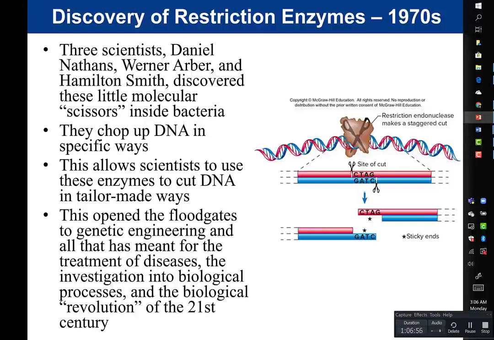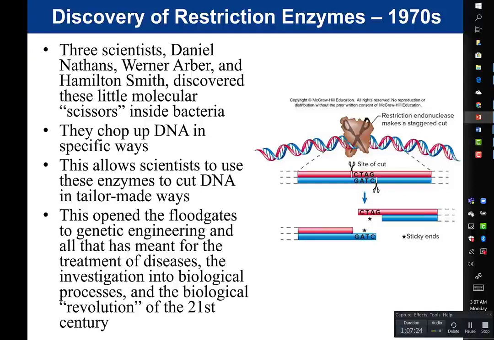And so this allows scientists to use these enzymes to cut DNA in certain ways to allow us to have that recombinant DNA technology. So meaning like when we take the human gene and we want to put it into bacteria for bacteria to make human insulin. Well, you have to have a way to get that DNA sequence into the bacteria.